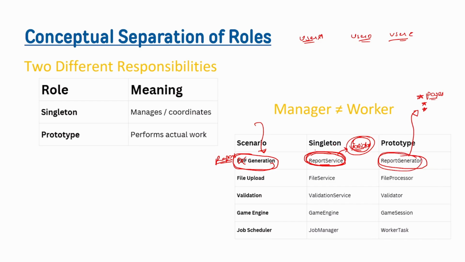So the prototype bean is used inside the singleton bean report service. There is a report service, and inside it the report generator will be used, and this should be unique per user. Why should it be unique per user?